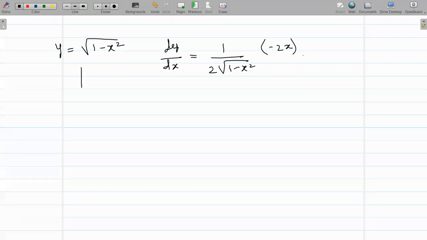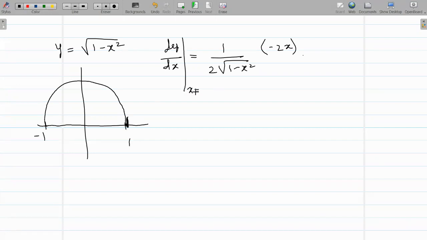So this is basically this half circle only. If we draw its graph, it is going to lie between minus 1 and 1, and if I look at the derivative at x equal to 1, then it won't exist. Or at plus or minus 1, this won't exist, right? So that's the example that I was sharing with you.